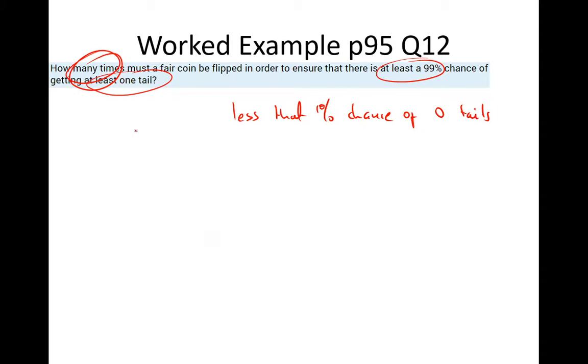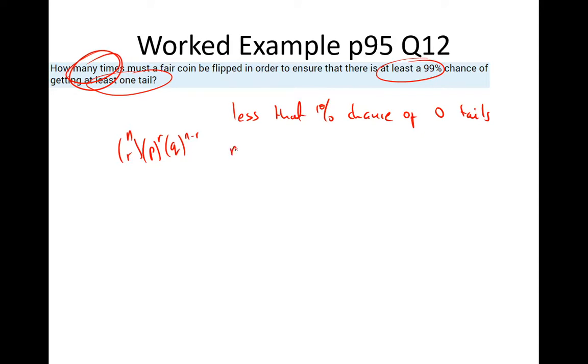So first of all, write down, well, is it a Bernoulli? Yes. Why? You're flipping a coin. There's only 2 outcomes. So you have nCr by the successes, which is the probability p to the power of r, and q, which is the failures, raised to the power of n minus r. That's the formula. So it's n we're going to be looking for here. Okay. So in this case, it'll be no tails and less than 1% chance.